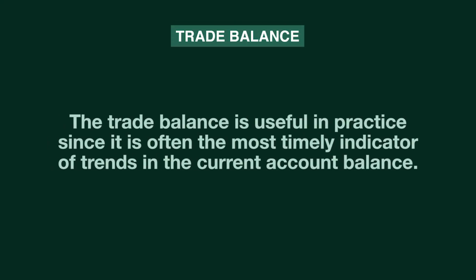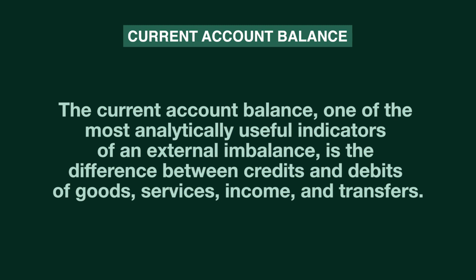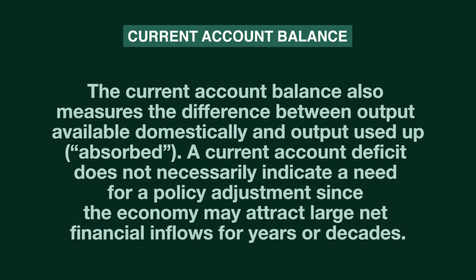However, the balance of trade is a good indicator in the balance of payment so that we can see the direction of the trade of the country. Next is the current account balance, which basically shows the balance of net export with the net import. And this is a very good indicator to show how much of the resources are available domestically, that is what is produced, and what is absorbed in the economy.